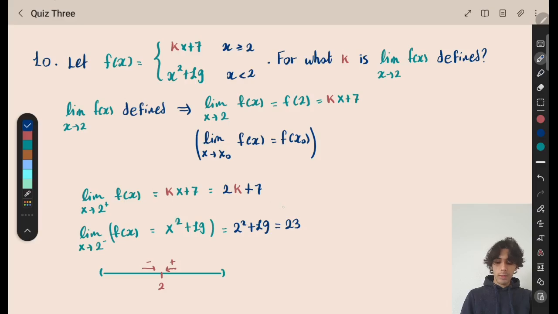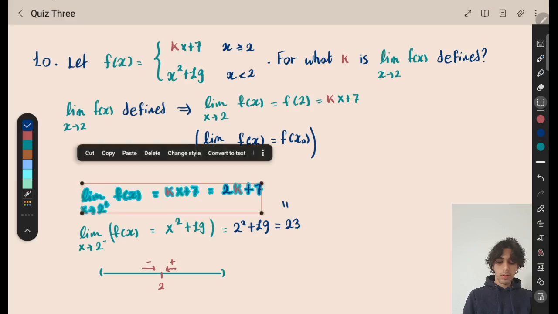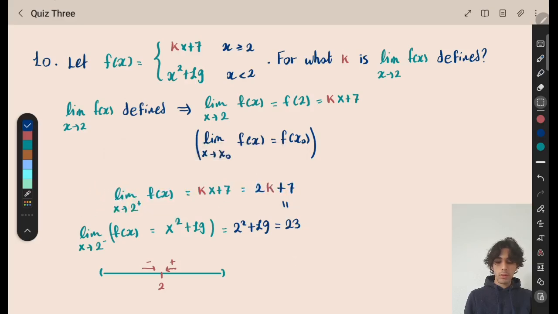And now I claim that these two are equal, just because the limit is defined. So if the limit is defined, more or less, then you have a function like this.